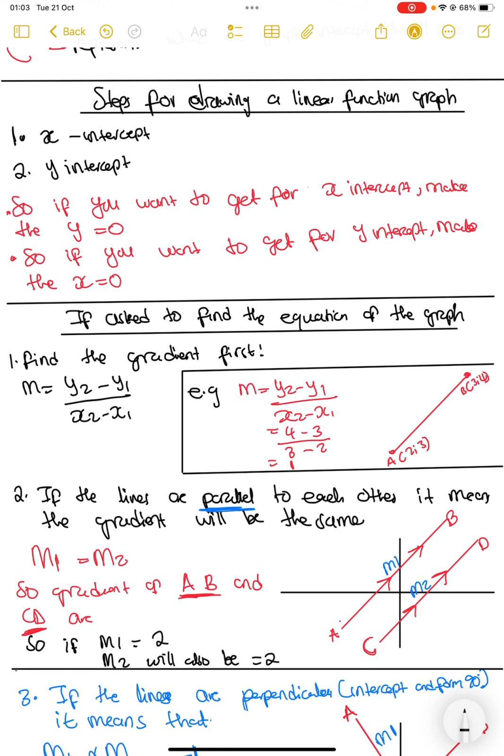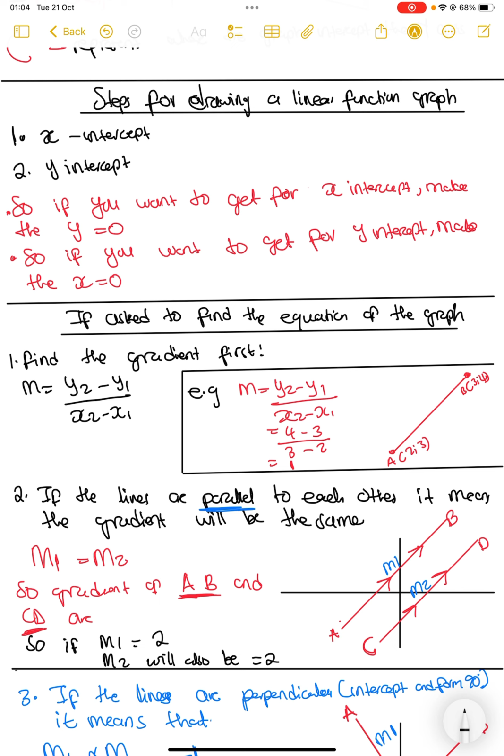That will give you a wrong gradient. So always make sure that your y and your x correspond: y2 minus y1, and then x2 minus x1. So you can see the order in that, right?